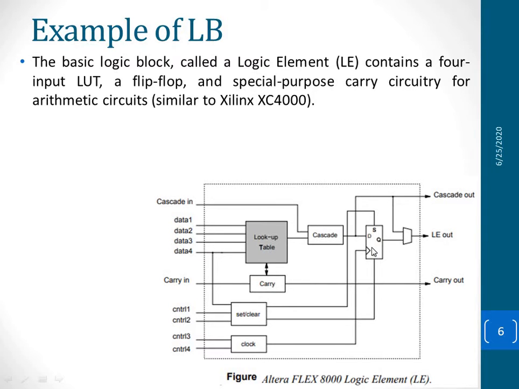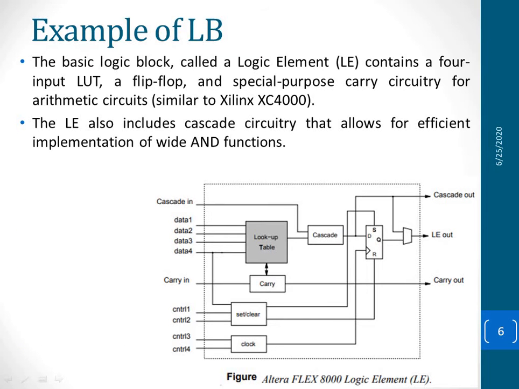It has a special purpose carry circuitry, as well as the cascade circuitry, for implementing ANDing functions. It also has a set, clear and a clock input, and a muxed output for either giving the logic element output or a cascaded output. So based on these two, we are taking up the help of the multiplexer.